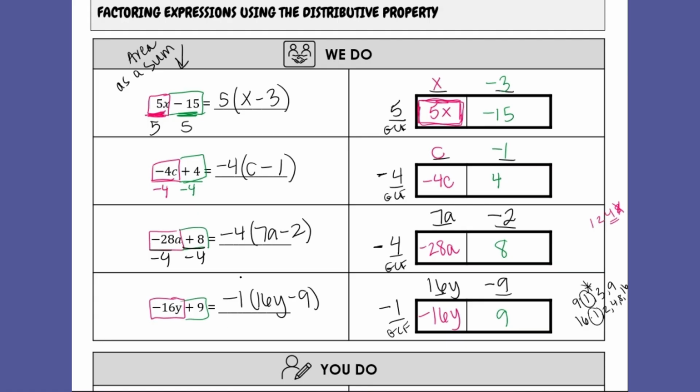Now, if you remember in my expanding expressions lesson, you don't necessarily need the 1 there. You can also just write like subtracting this whole term. So taking out a negative sign or like factoring out a negative 1 is actually still factoring because it's changing the signs inside your parentheses.